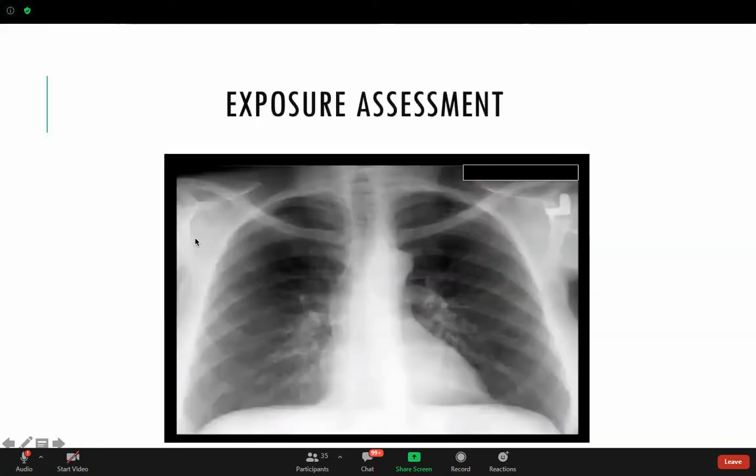So how do we assess the exposure, guys, from your radiology lectures? How do we assess the chest X-ray exposure? How can we determine it is a good exposure or poor exposure? What do you think, guys?